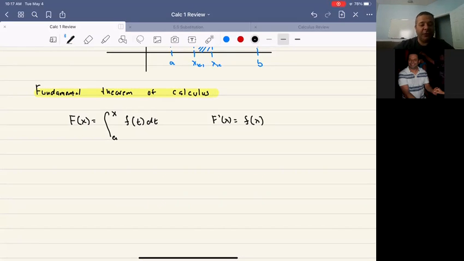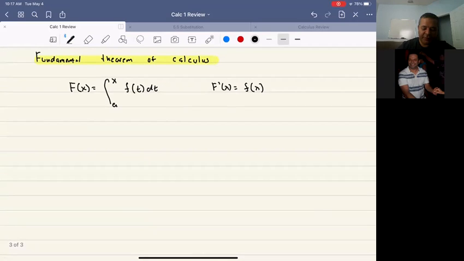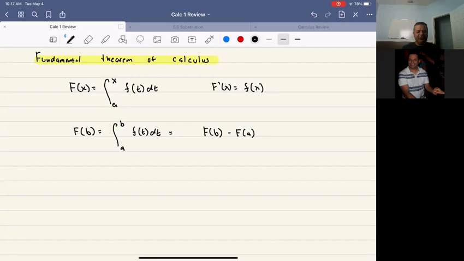Also, in contrast, F of b, which is going to equal the integral from a to b of f of t dt, equals F of b minus F of a. A little bit weird, but this is the way we evaluate integrals.